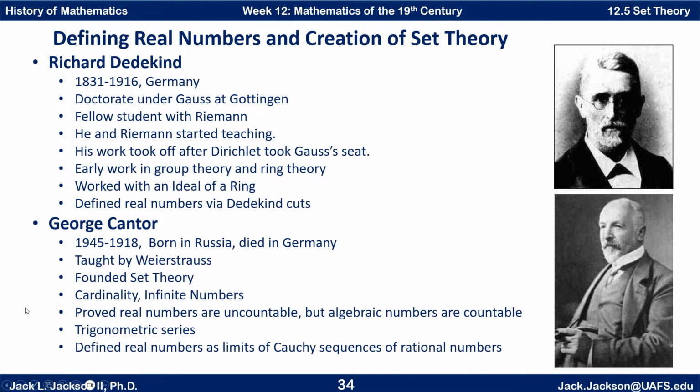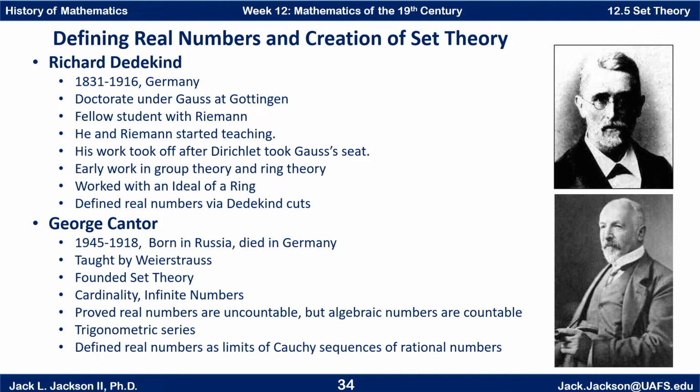So first we'll talk about defining real numbers and the creation of set theory. And I want to lift up two mathematicians, Dedekind and Cantor. Richard Dedekind was born in 1831 and died in 1916 in Germany. He did his doctorate under Gauss at Göttingen. He was a fellow student with Riemann, and he and Riemann started teaching at the same time.